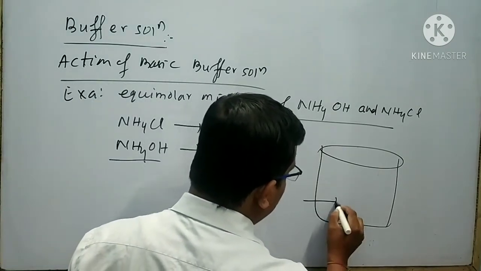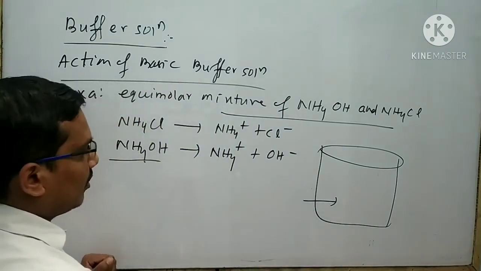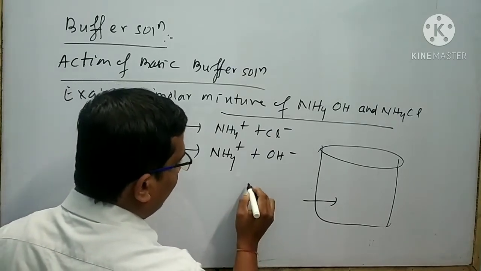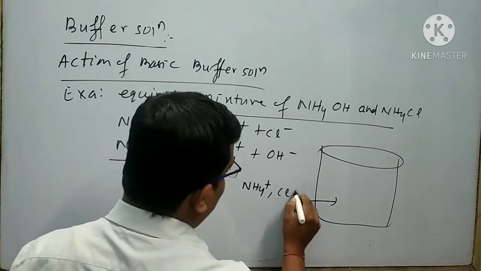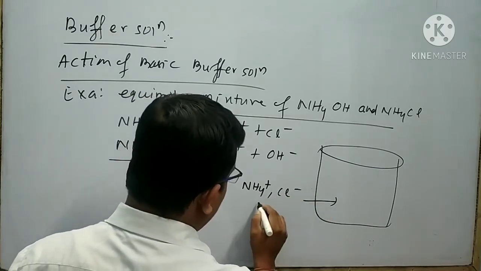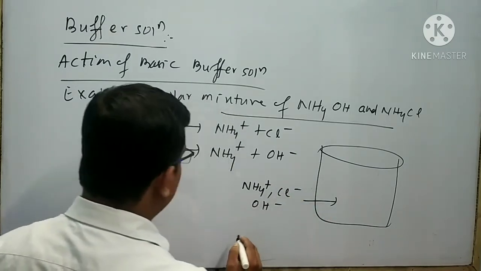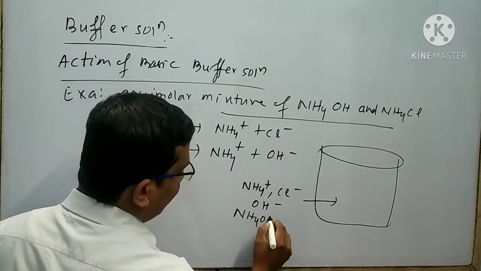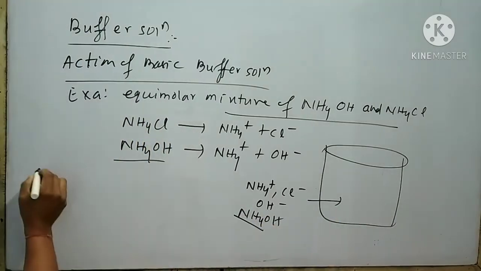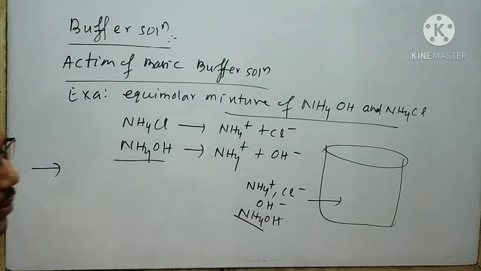So in this beaker, the concentrations of NH4+, Cl-, OH- ions and undissociated ammonium hydroxide are large. When I add a few drops of acid from the outside, what will happen?